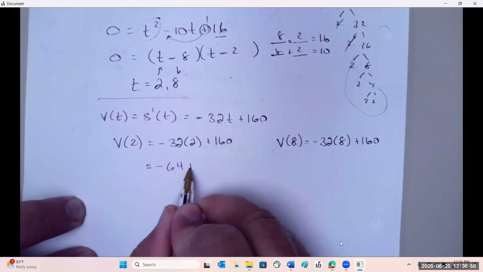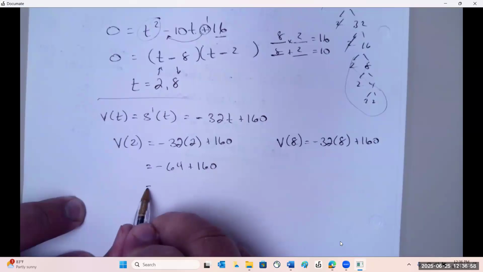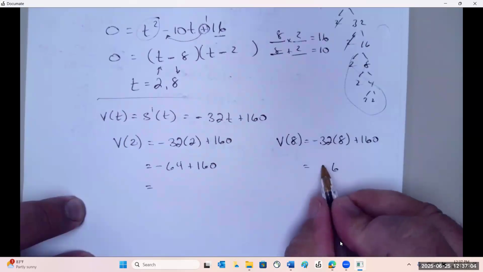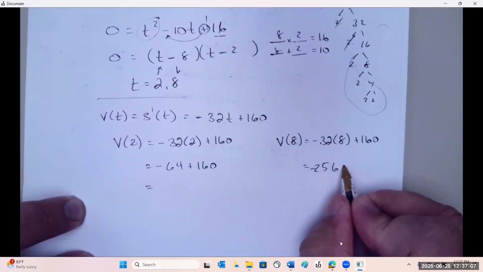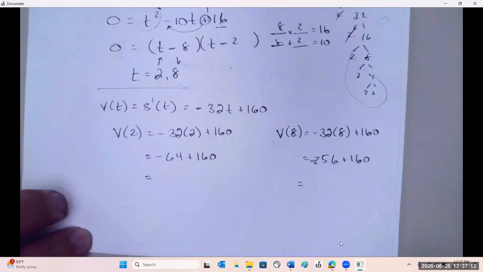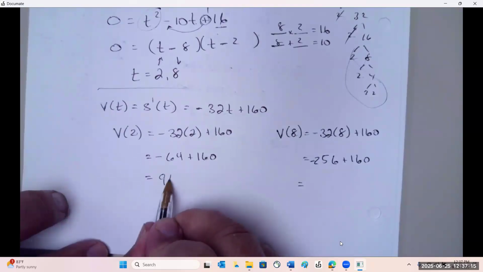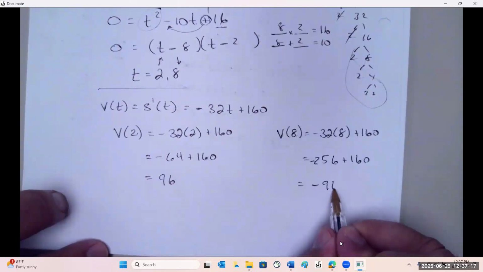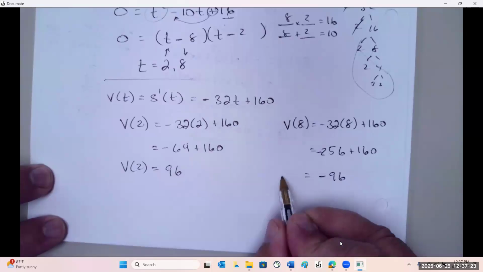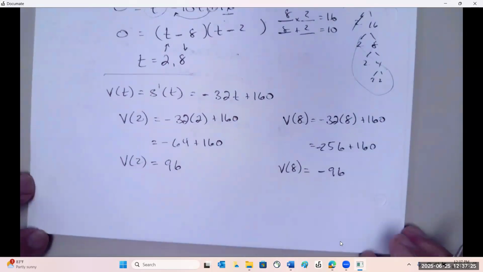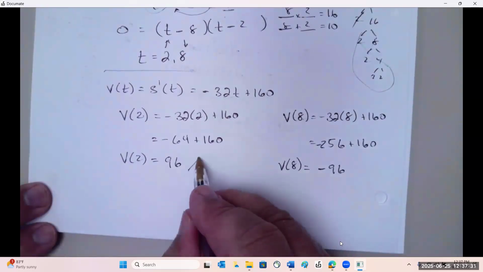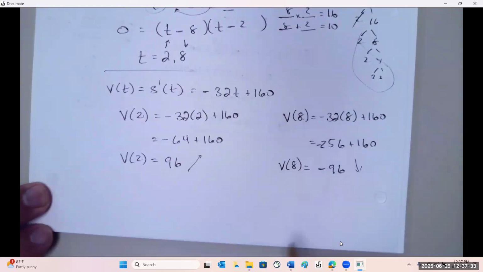Negative 64 plus 160. Negative 256 plus 160. So this one is 96. This one is negative 96. So this one's going up. This one's going down.